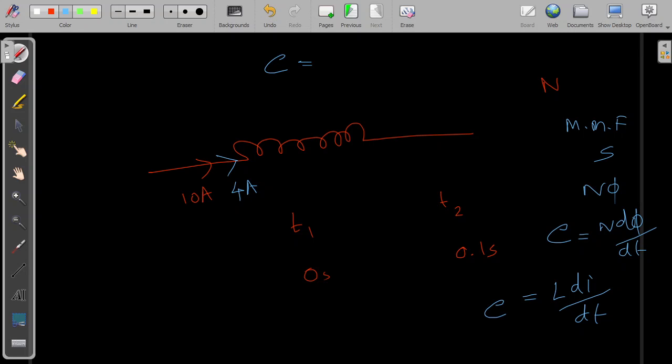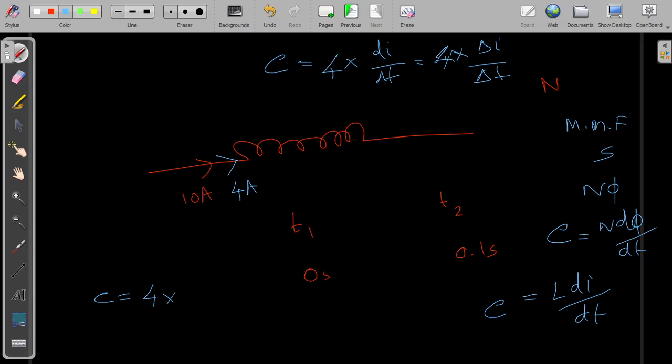L is given as 4 Henry, so 4 into di by dt. di by dt means delta I by delta t, so E is 4 into delta I, the change in current through the coil, which is the final value minus the initial value.